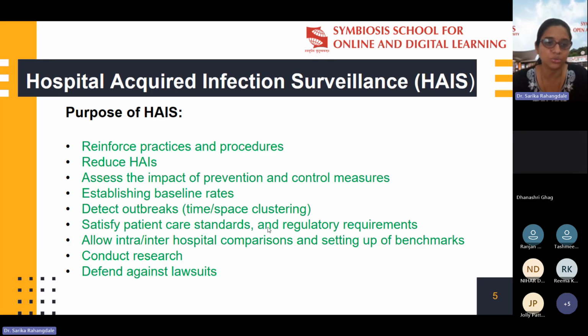It is to reduce HAI frequency, reinforce practices and procedures, assess the impact of prevention and control measures, and establish baseline rates. If there is a case law against a particular doctor or hospital, you may be able to produce certain documents and evidence. That is the purpose of doing surveillance.